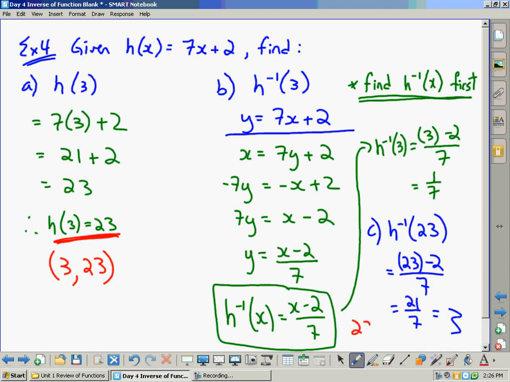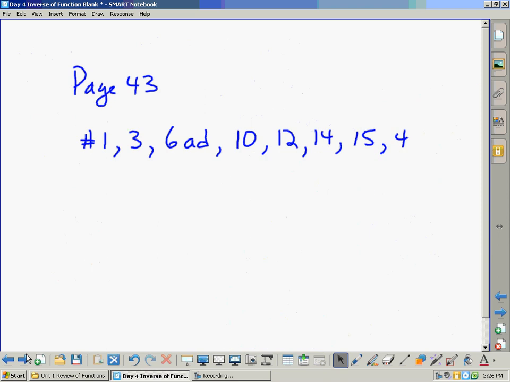So the inverse is 23, 3. So I'm not surprised that I got that answer when I put in 23 into the inverse. Really, this is just a different question to get you to practice these algebra steps in finding the inverse. And that's what you need to practice now.